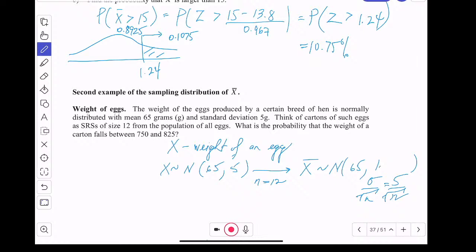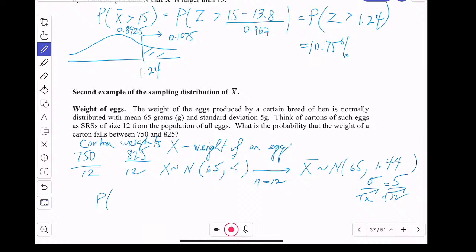So this is 1.44. If I want to know the probability that the weight of a carton... these are the carton weights. But I want to know about the egg in the carton, so I have to adjust those before I continue.